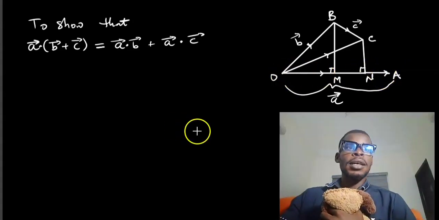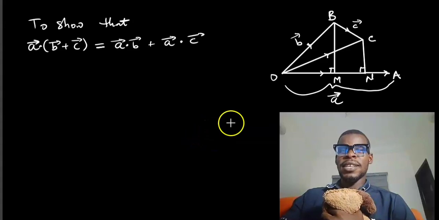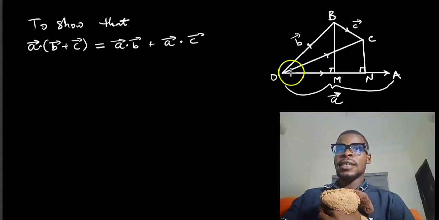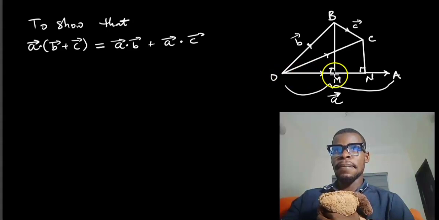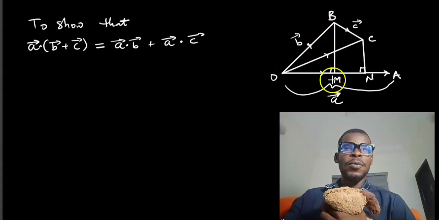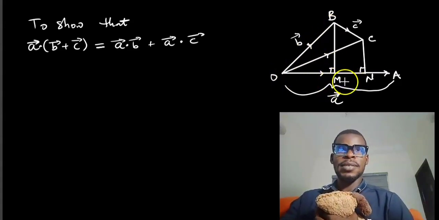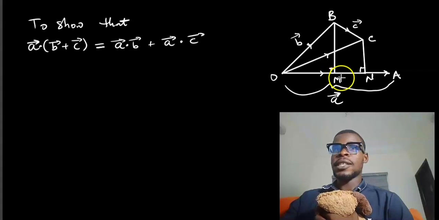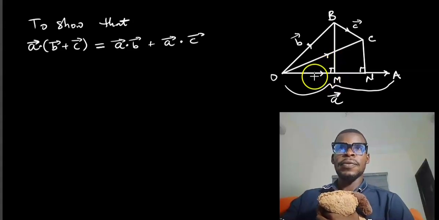What I want you to think about right now is that the length of this line from O to M could be thought of as the scalar projection of vector B, which is a vector from point O to point B, from what we did in our previous video. So it's important to go back there if you haven't, or maybe you've forgotten a few things.